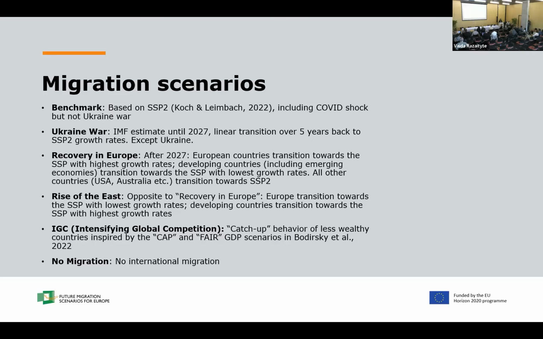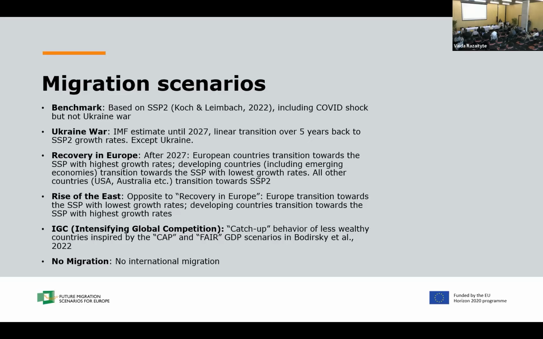where the IMF estimates are used until 2027, and then there's a transition back to the SSP2 growth rates, and this is true for all countries except Ukraine. Then we have a recovery in Europe scenario where the European countries transition towards the SSP with the highest growth rate, and it can differ between different countries.